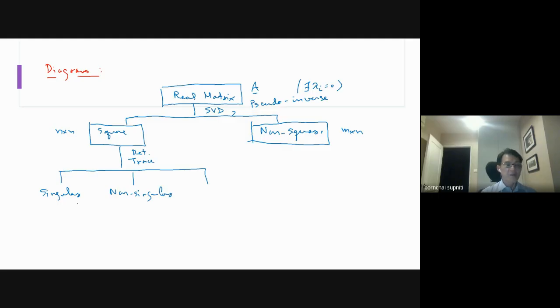For a singular matrix, the determinant is equal to 0, or some of the eigenvalues are equal to 0. For a non-singular matrix, the determinant is not equal to 0, so you can find an inverse.